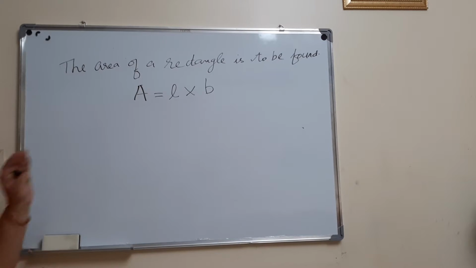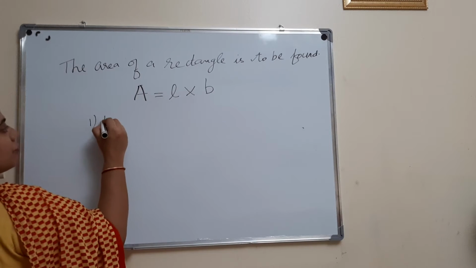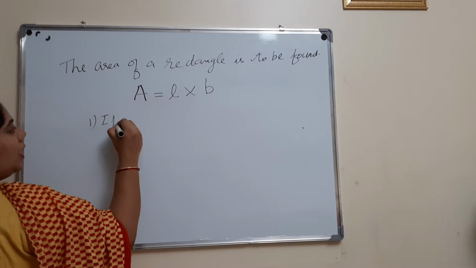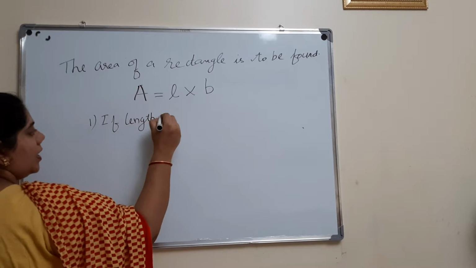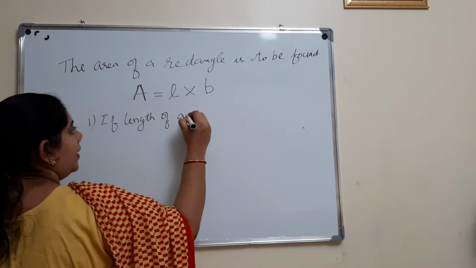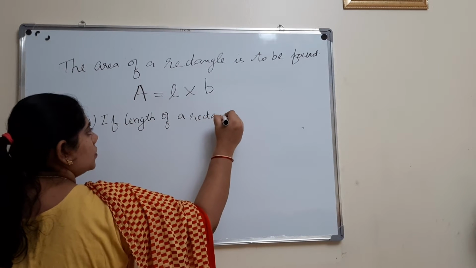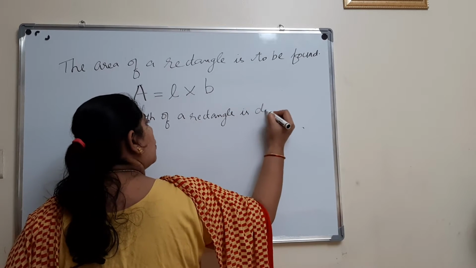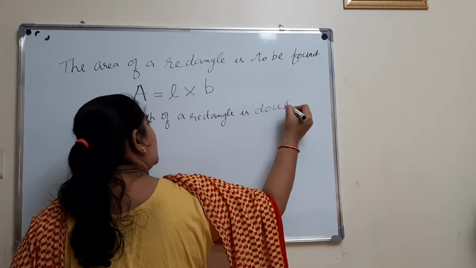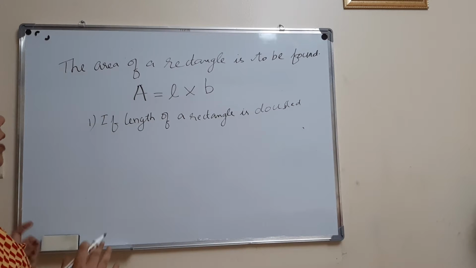So now we are going to focus on if the length of a rectangle is doubled. So length of a rectangle is doubled. What will happen to its area? How will you solve this type of questions?